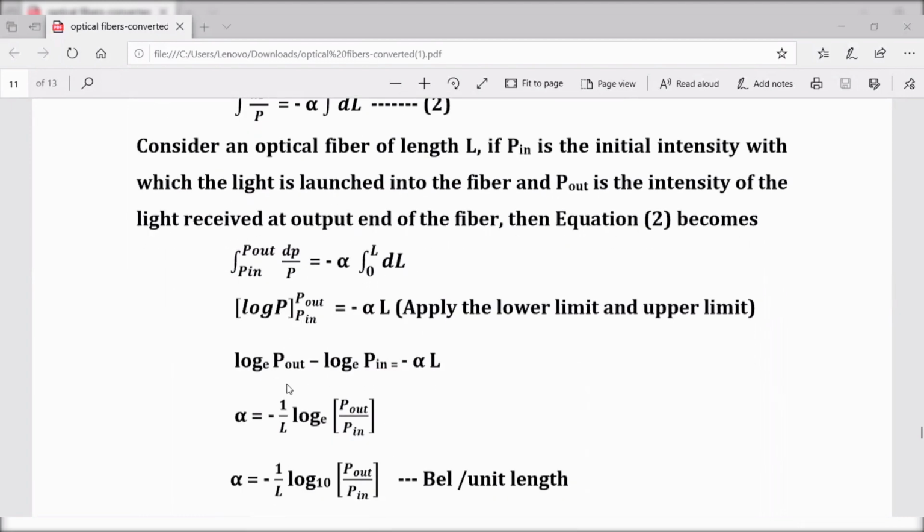This equation can be written as log base e P out minus log base e P in, which is equal to minus alpha into L. Let us rearrange this equation as alpha is equal to minus 1 by L log base e P out by P in. This is written based on log A minus log B, which can be written as log A by B.